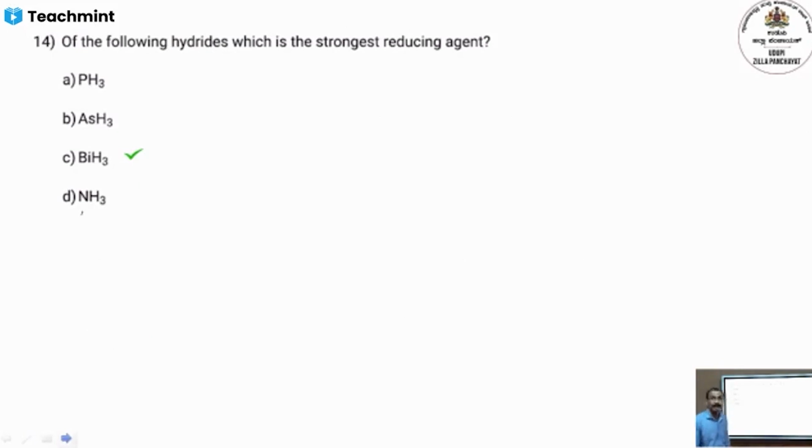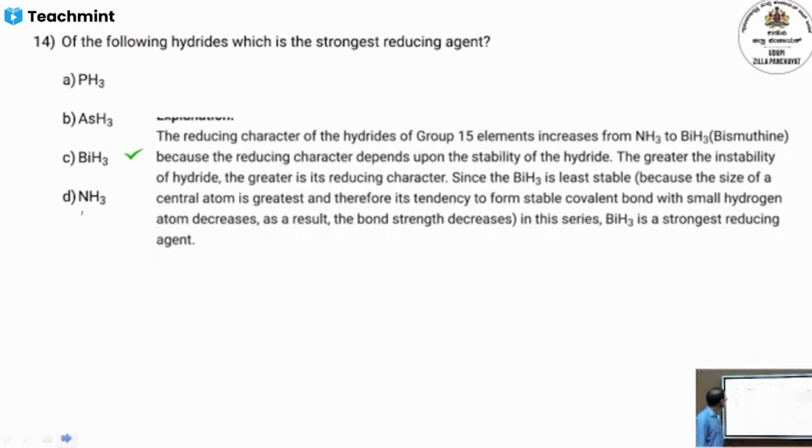If the stability decreases, the ability to lose hydrogen, to give the hydrogen for the reduction of others, is faster, and therefore that will act as the strongest reducing agent, and therefore bismuth is the right answer. Reducing character of hydrides increases from top to bottom in the nitrogen family, because the stability decreases. The lesser stable, more unstable, greater is the ability to reduce.